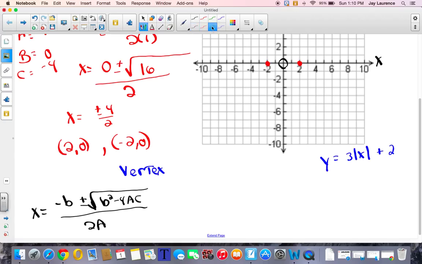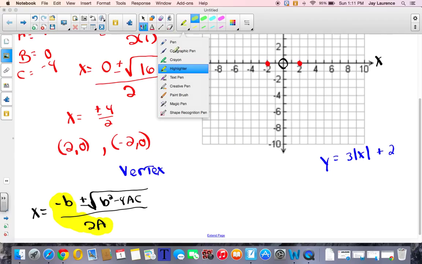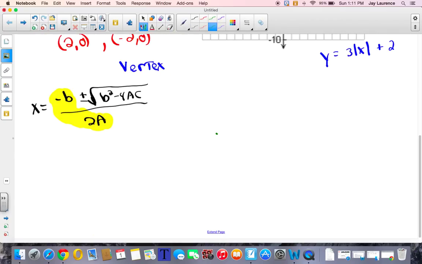If I only use this part of the quadratic formula, this part right here, remember I had it in a different color in another video? That will tell me the x-coordinate of the vertex every single time. So the vertex is going to be some point where I do negative b over 2a.